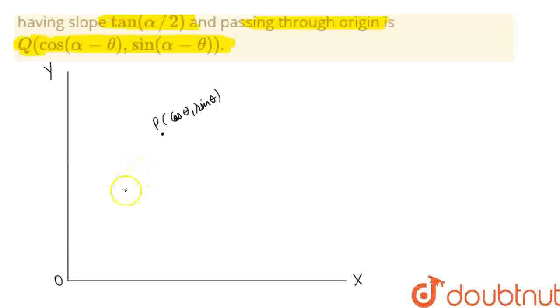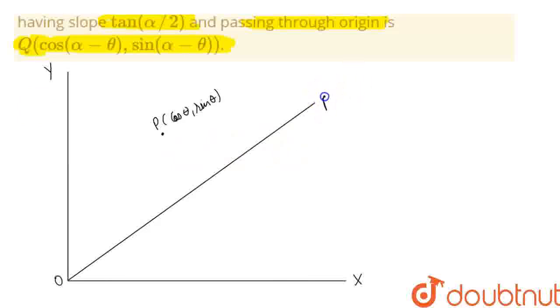Now we are also given a line whose slope is tan alpha by 2. So let us draw a line whose slope is tan alpha by 2. Suppose this is a line whose slope is tan alpha by 2, and let us say this line is OR.